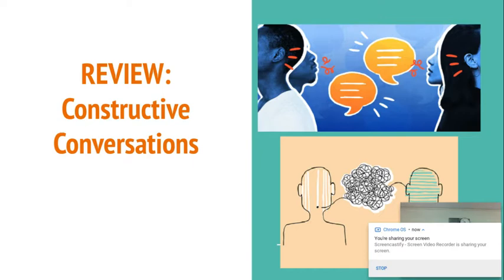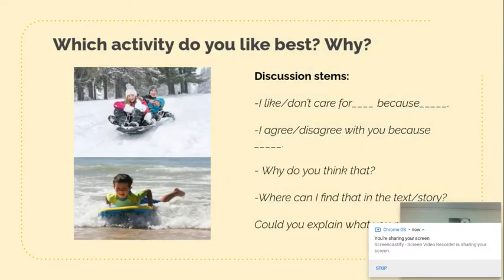So first, let's review what we talked about in class yesterday with constructive conversations. We talked about how a conversation is a dialogue between two people where each person expresses their opinion or their point of view and gives evidence or reasons to back that up, and that it's okay to disagree with somebody, but when you disagree, you do it respectfully.